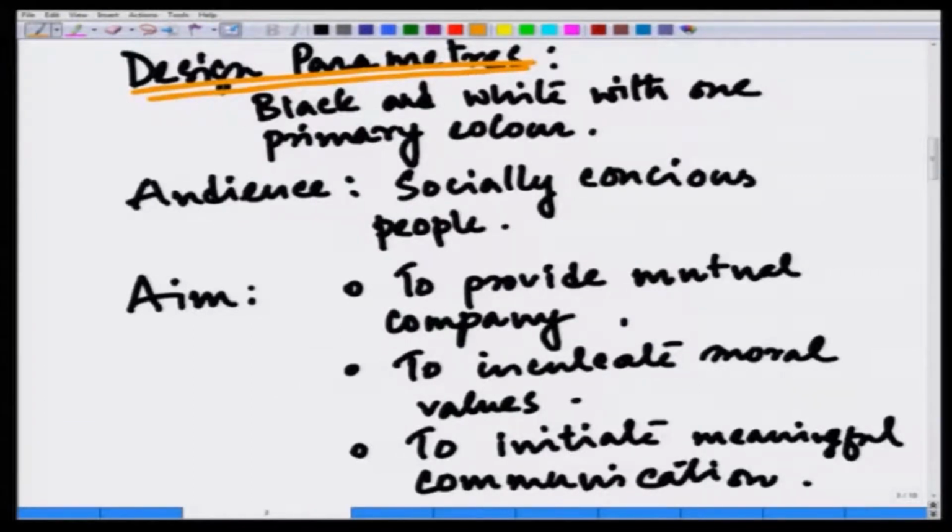Maybe here the problem is given this way, that we go by a constraint: the ad we are making for the print media has to be black and white, and we can incorporate just one extra primary color into it. Now that can also be flexible.